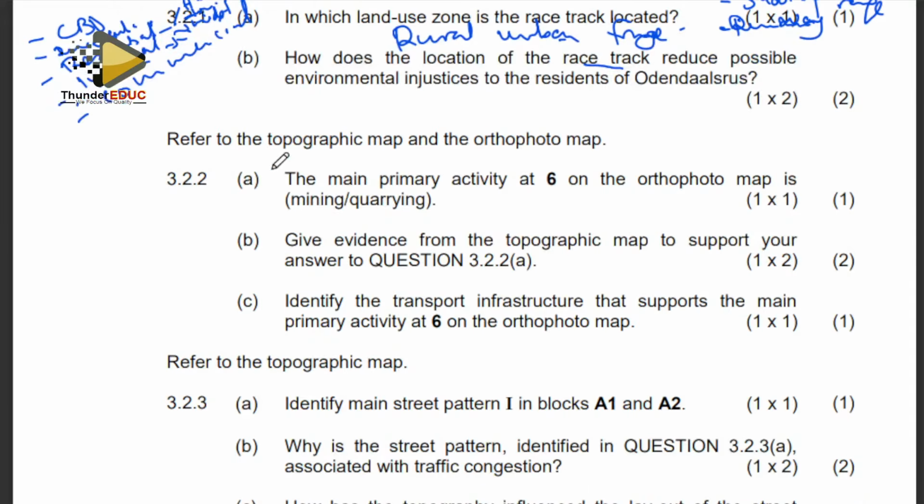The next question says refer to the topographic map and the orthophoto map. So this question is now combining the two areas of interest. So we are looking at the topographic map as well as the orthophoto map. So our focus is going to be on those two areas.